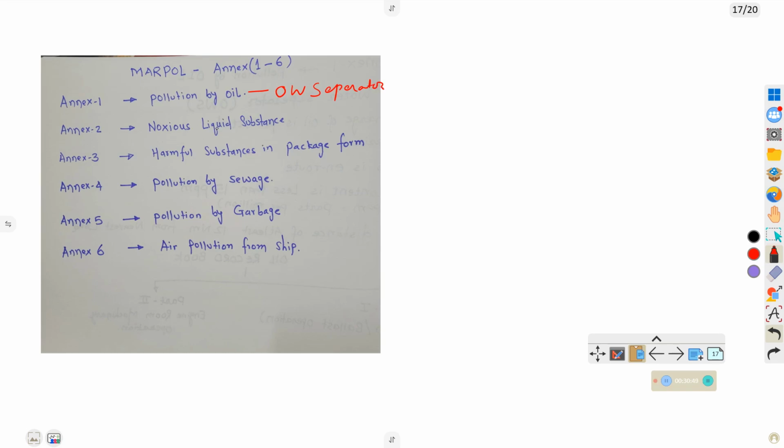Annex 2, noxious liquid substances. Annex 3, harmful substances in package form. Annex 4, pollution by sewage.